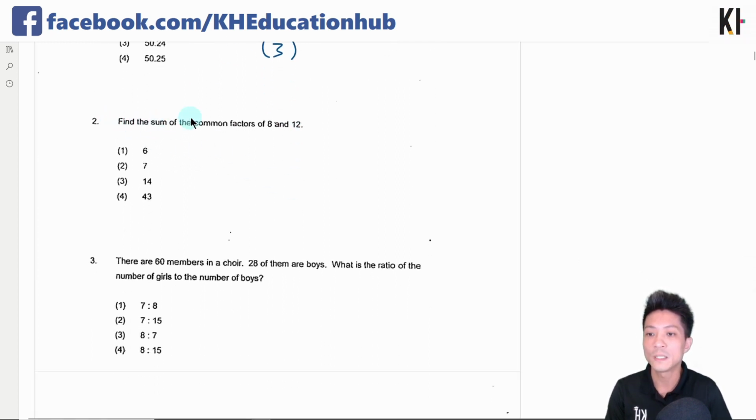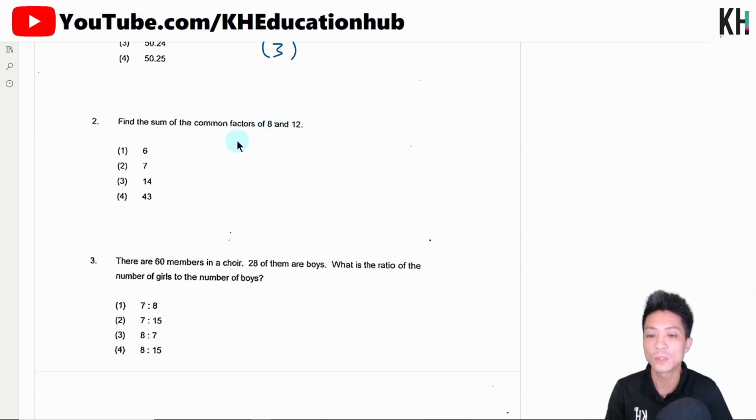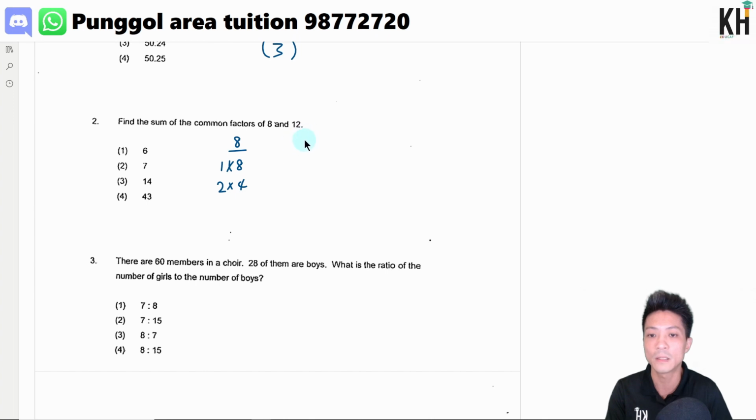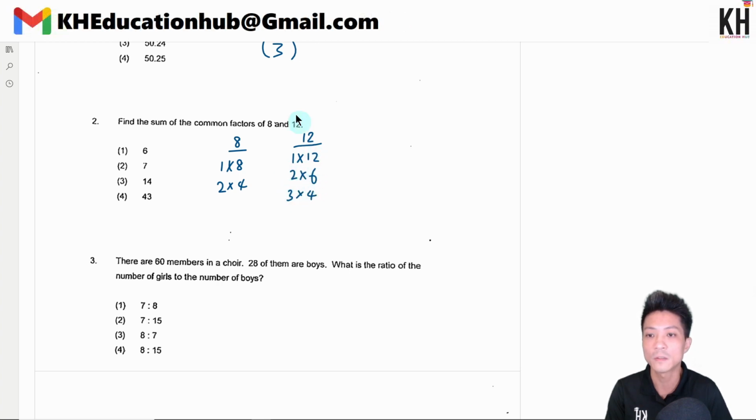Question 2, find the sum of common factors of 8 and 12. Let's list down the factors of 8. 1 times 8, 2 times 4. There won't be anything else. Factors of 12: 1 times 12, 2 times 6, 3 times 4. There's nothing else.